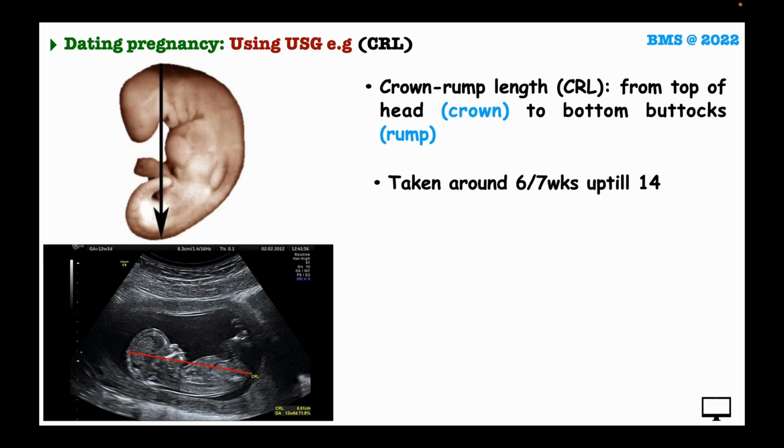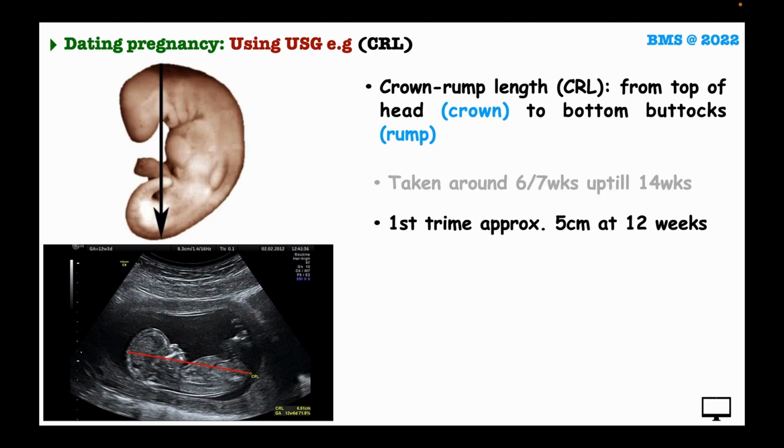Any measurement which is taken beyond this period may not give us accurate dating. And so, in the ultrasound, you can see this being the crown and here being the rump. And in this ultrasound, the crown rump length was 6.51 centimeters at a gestational age of 12 weeks and 6 days. By the first trimester, the crown rump length is approximately 5 centimeters by 12 weeks.